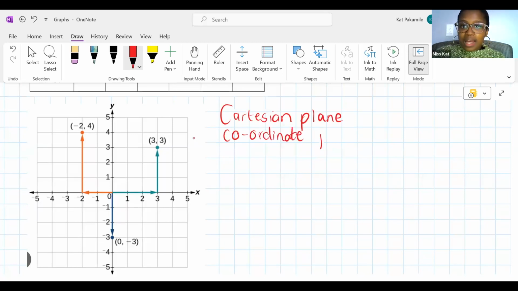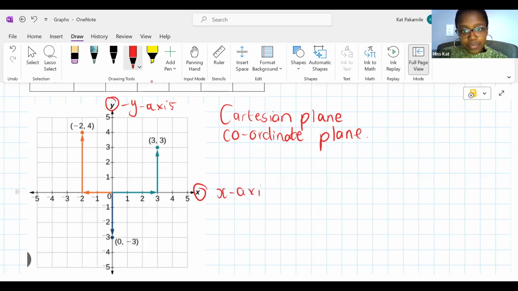And this is what we use to draw graphs. Now we have a vertical axis, which we call the y-axis, and the horizontal we call the x-axis.